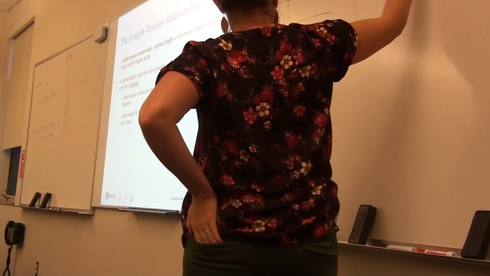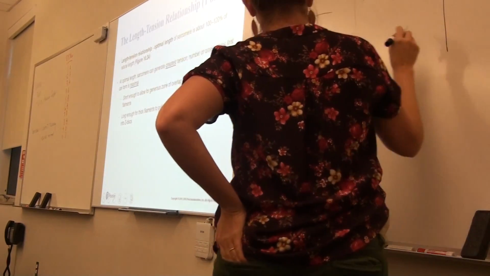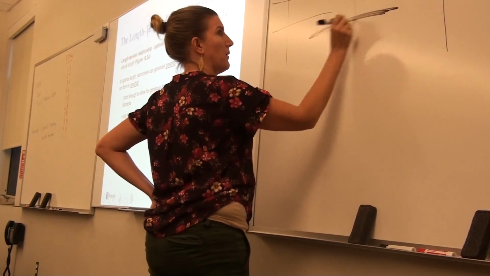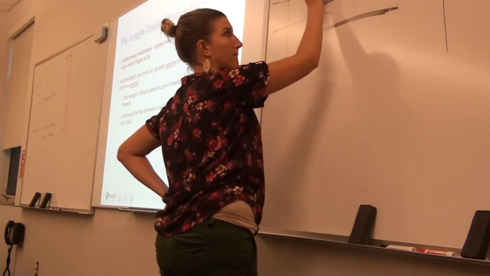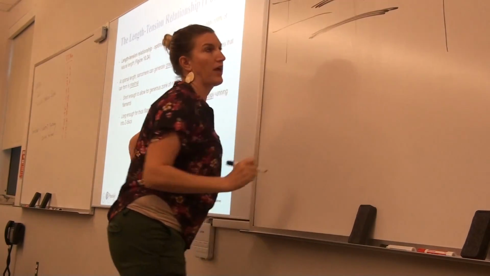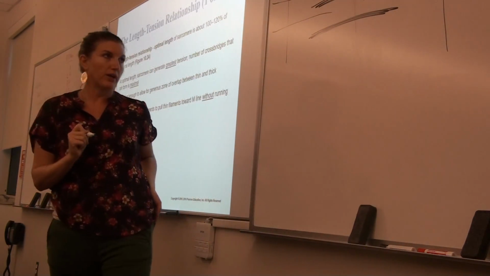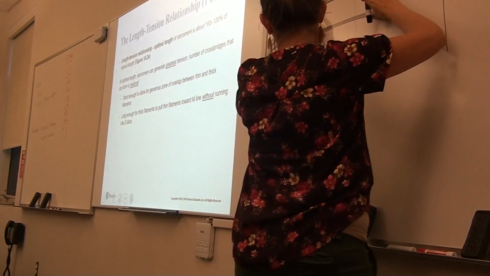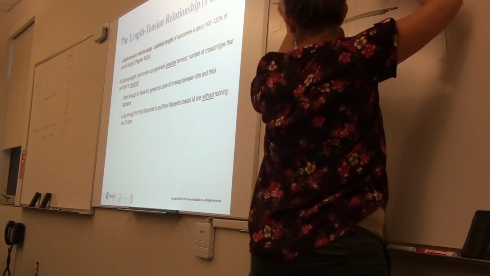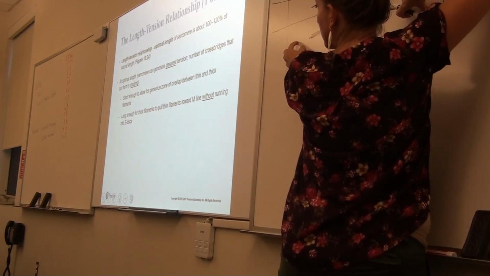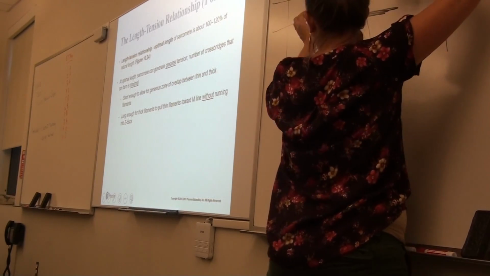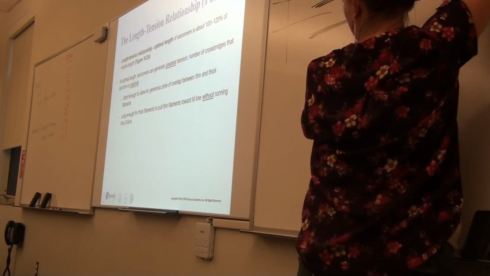I'll just draw more thin filaments, another Z line, and then thick. Notice how I drew this, right? There's a little bit of overlap, but there's also a little bit of space where there's no thick filaments, and a little bit of space where there's no thin filaments.